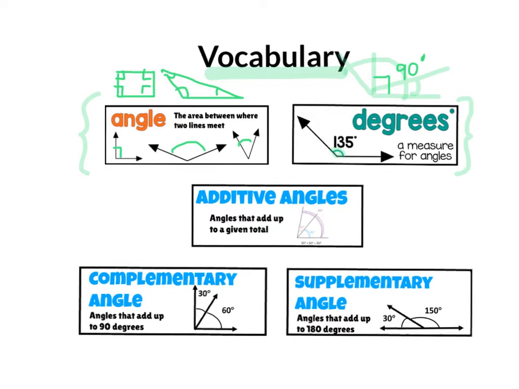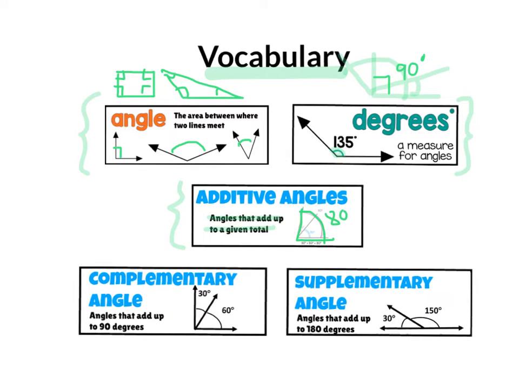Next up, we've got additive angles. This is a new vocab word. Additive angles are angles that add up to a given total. And if you look at the example inside this card, we see 2 different angles, right, inside one angle. So our full angle, our total angle, is 80 degrees.